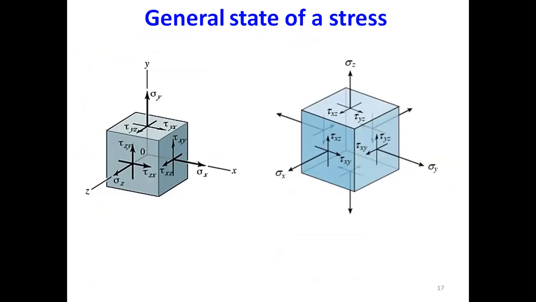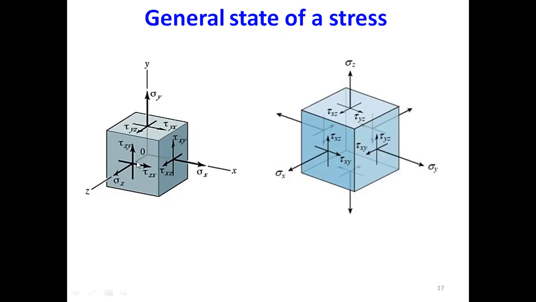General state of stress means that we have loading on the material in all directions, X, Y, Z, and we have all shear components. In other words, when all 9 components of the stress exist in that matrix which we just discussed, this is the case of the general state of stress.